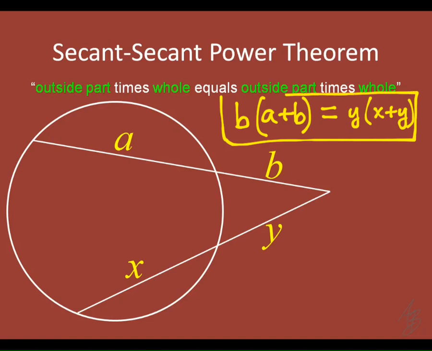That is the secant-secant power theorem right there. I like remembering the verbiage, outside part times whole equals outside part times whole, because that means a little bit more to me than some equation with variables in it that only really apply if you have those variables in that problem.